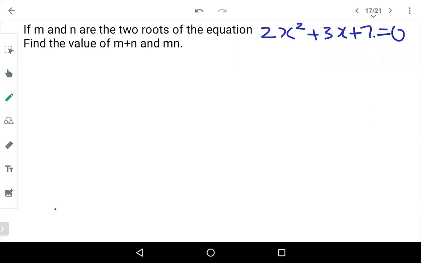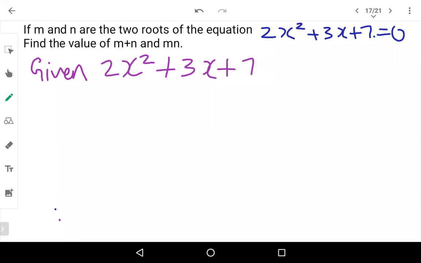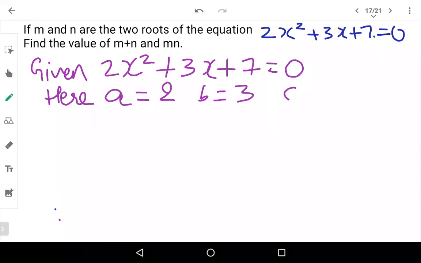So let us do that. Given 2x square plus 3x plus 7 is equal to 0. Now let us define a, b, c here. Here a is equal to 2, b is equal to 3, c is equal to 7.